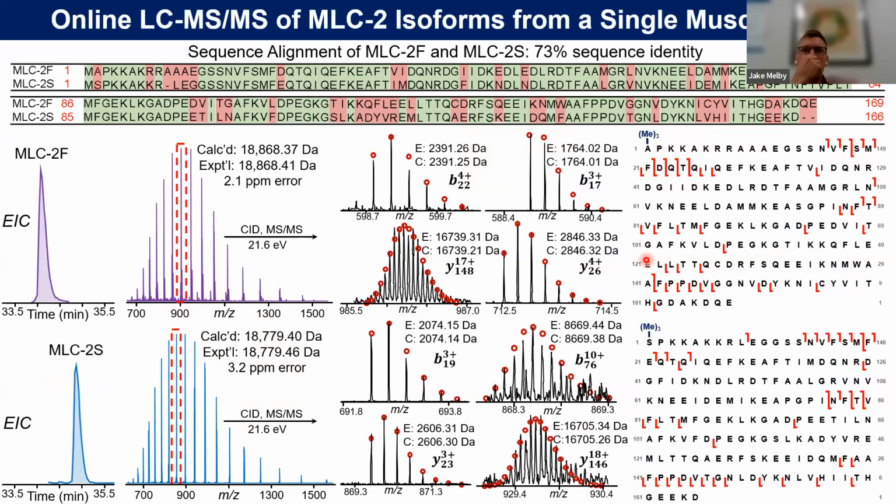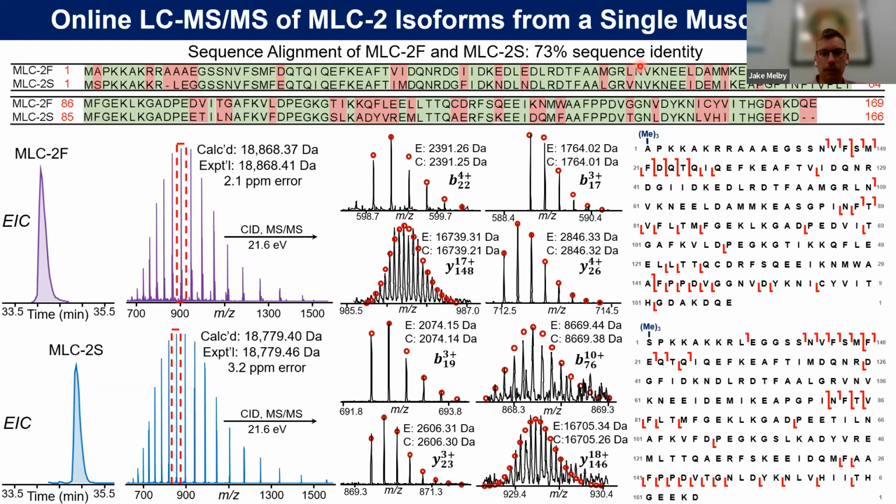So thus far, I've mostly just showed MS1 level data, but top-down implies that we're doing tandem mass spectrometry as well. So using these same myosin light chain or regulatory light chain isoforms, you can see by the green that there's a lot of sequence homology.